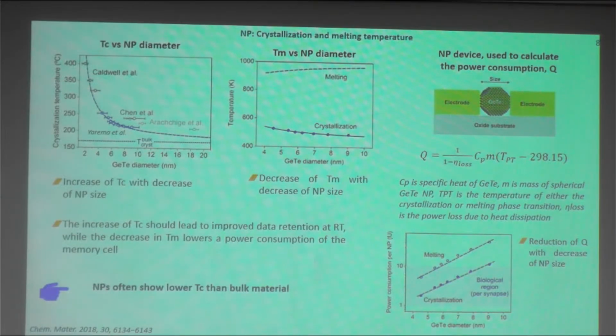And so these properties, like the increase of Tc, should lead to improved data retention at room temperature, and the decrease in the melting temperature should influence the power consumption of our memory cells.